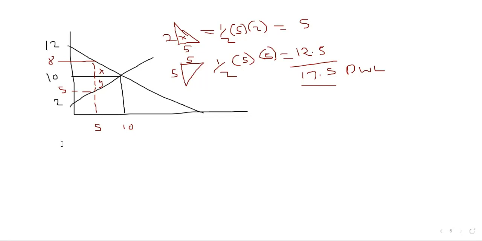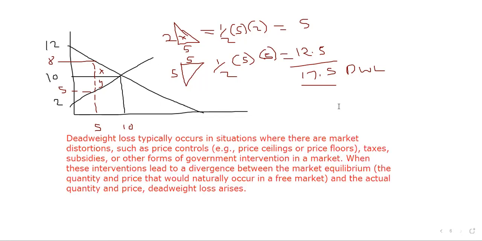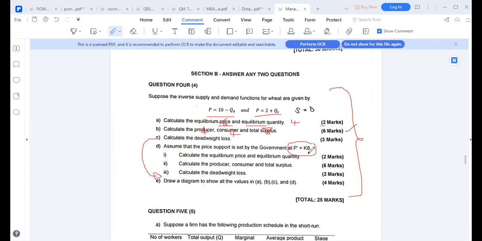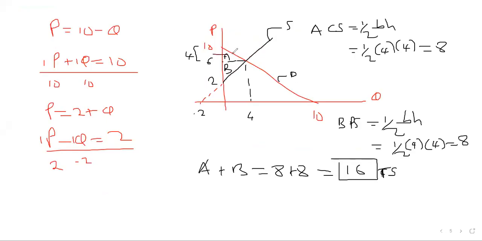And so the question that we're going to look at now has a distortion. This distortion has been explained here to say we have been told by government to set the price at 8 kwacha. Now remember, our equilibrium was like this, so they put 8 kwacha there.